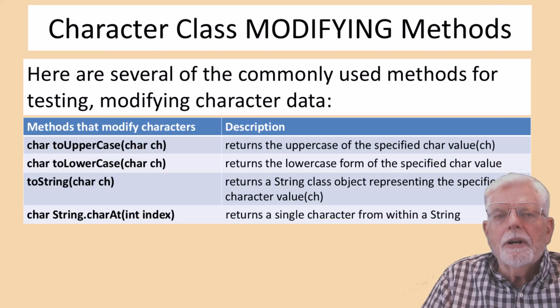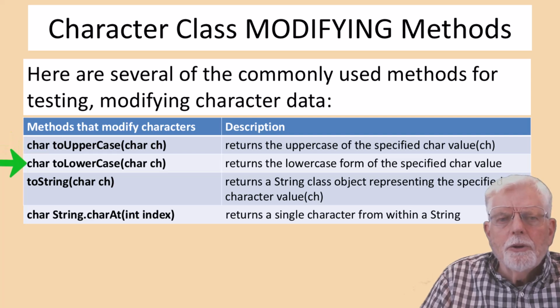The Character class also has several methods that can be used to modify a character. The toUpperCase method will convert a lowercase letter to its uppercase equivalent. If the character is already uppercase, then it returns the original character. The toLowerCase method converts an uppercase letter to lowercase.